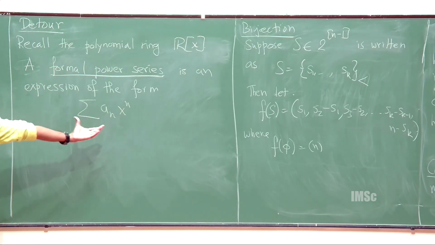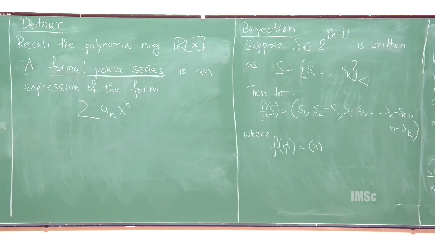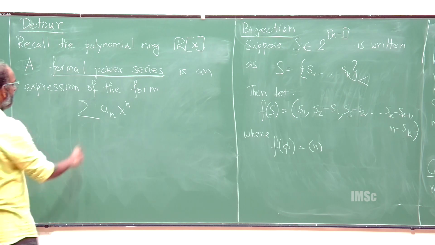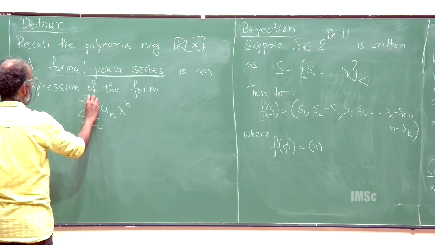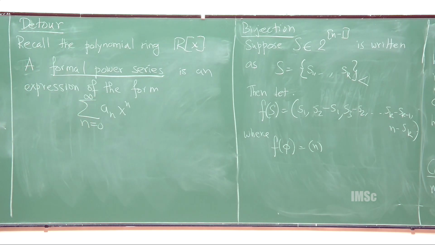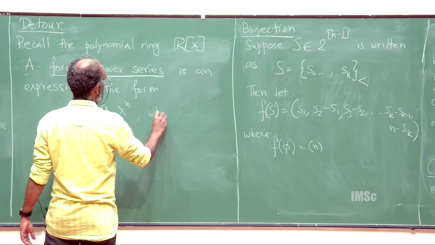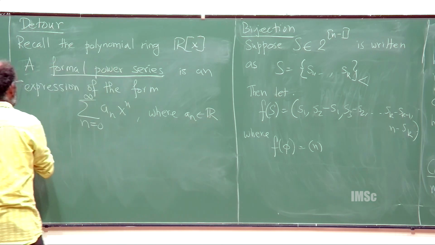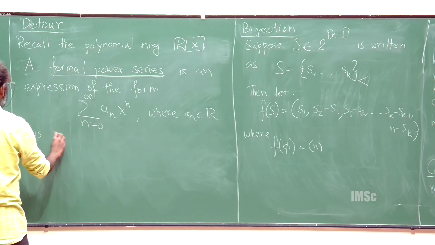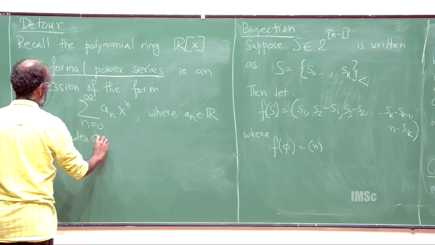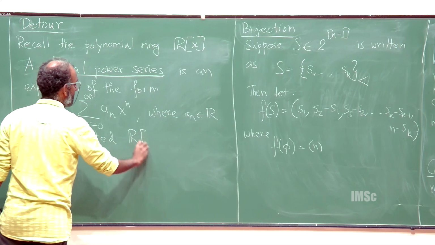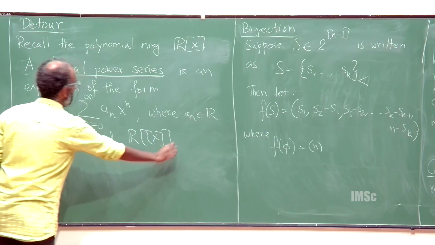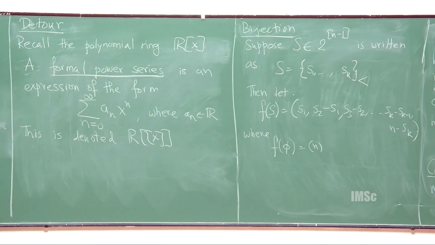It's just like a polynomial, except we allow infinitely many coefficients, where a_n belongs to R. This is denoted R double brackets x, R[[x]]. Here it is very important that you don't set x to anything.